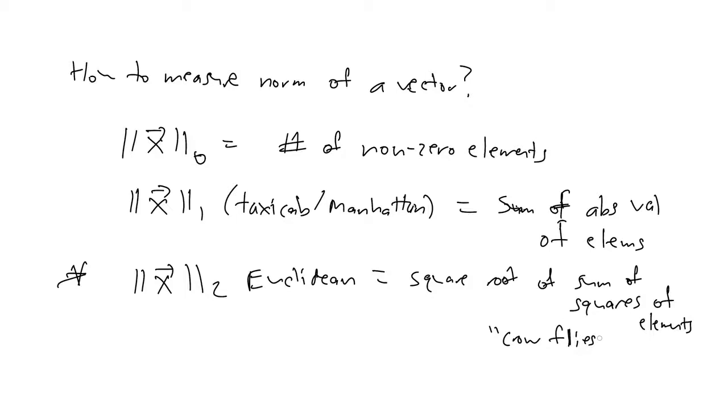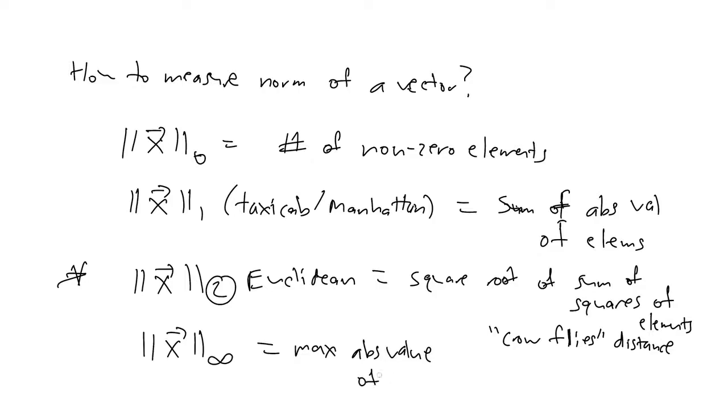The shortest path between 2 points is a straight line, and that's exactly what we're doing here. If I don't mention any subscript, I mean the Euclidean norm, because that's the most common one. And then occasionally we might do the infinity norm, and that is simply the max element in terms of the absolute value. Max absolute value of an element.